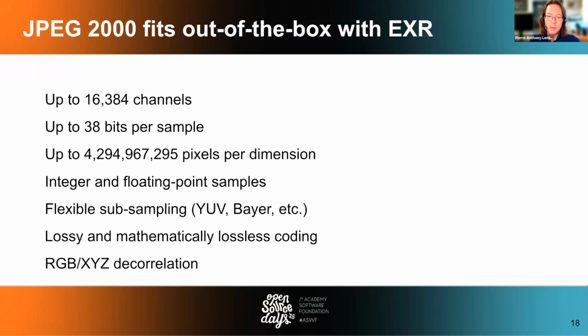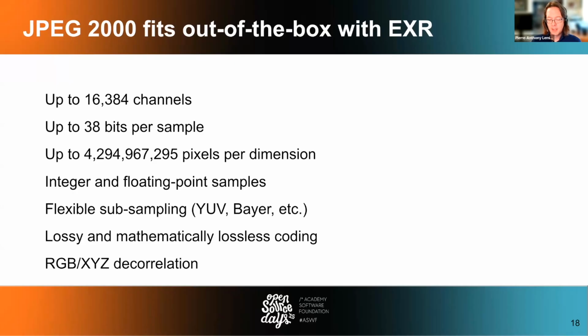So anyway, JPEG 2000 is really unique, supporting both lossy and mathematically lossless coding in one codec. Today we'll talk mostly about lossless coding for EXR, but it opens the door for lossy coding. It also supports out of the box decorrelation for RGB and XYZ channels.